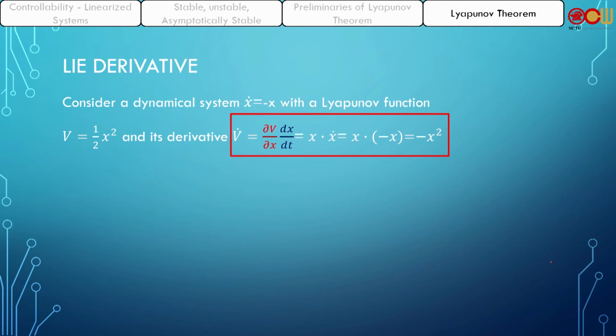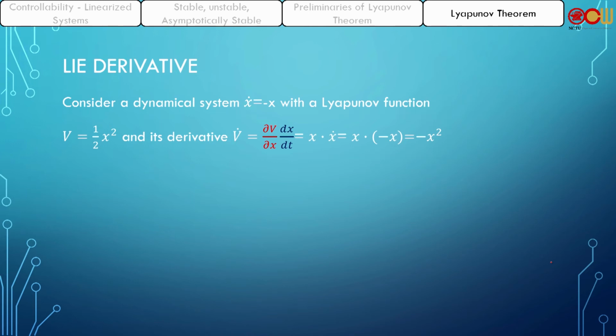Use the chain rule. On the right-hand side, the x dot here is the dynamics, so you substitute minus x, right? And the gradient of V is x. You take the gradient, it is x. So what you get is minus x squared.